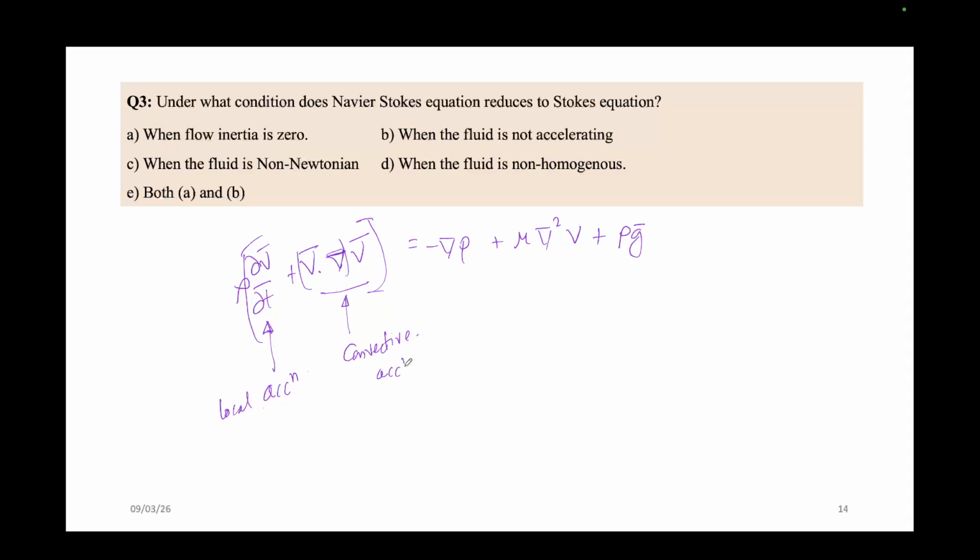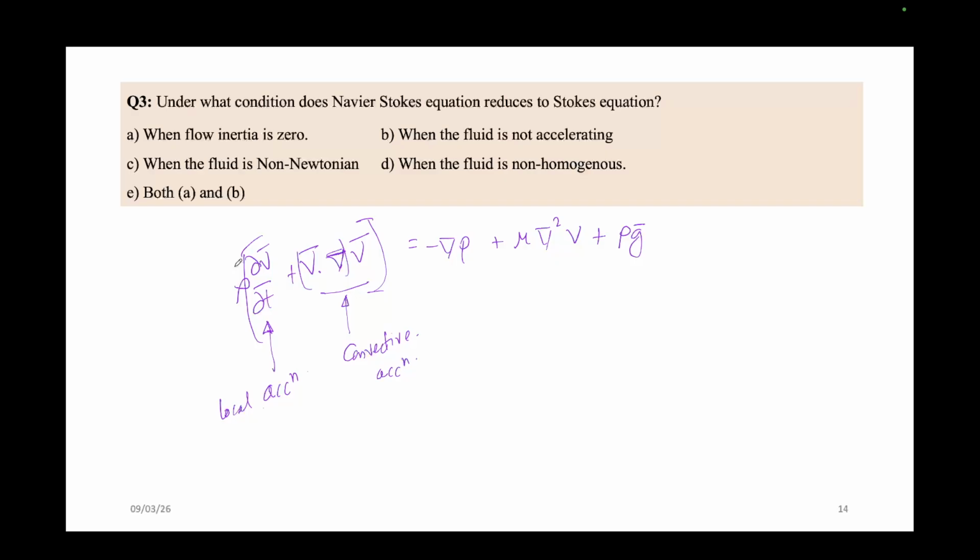Why such a thing? In the momentum equation, the first part is the rate of change of momentum, right or wrong? Yes or no? Just tell.